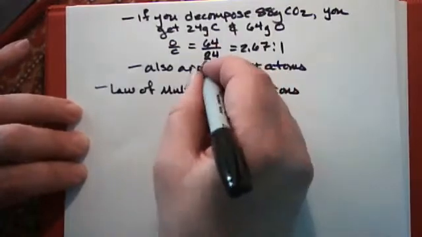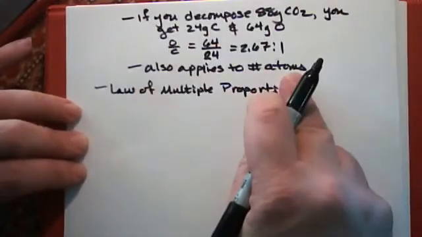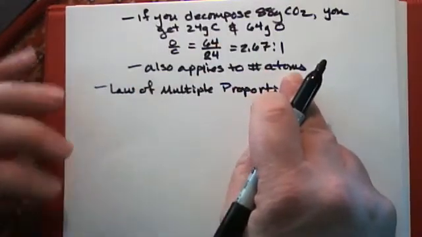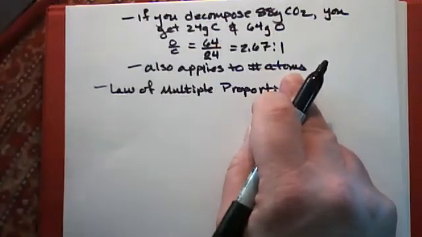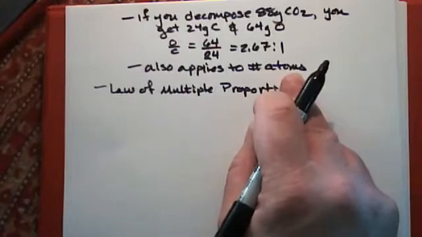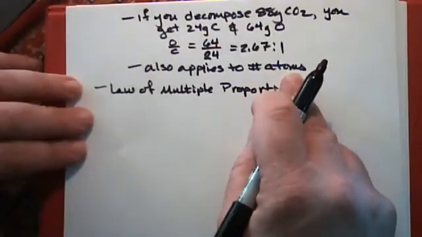Of course, it wasn't found out until later that that applied to numbers of atoms, because in Proust's time, they weren't actually certain that atoms even existed.